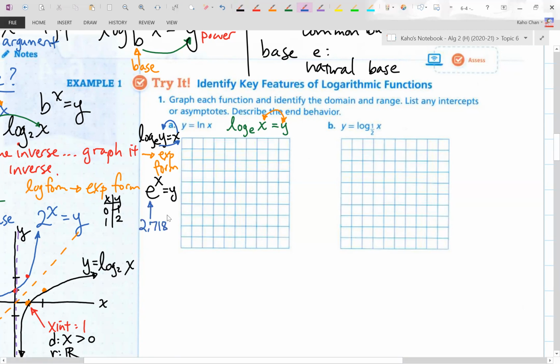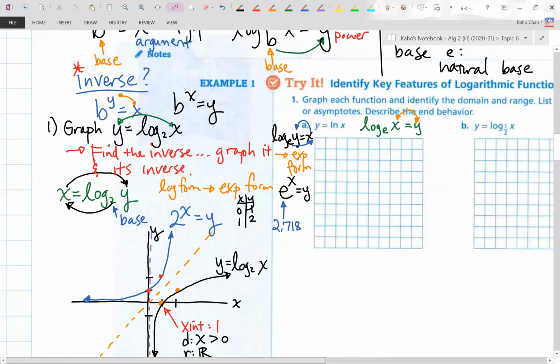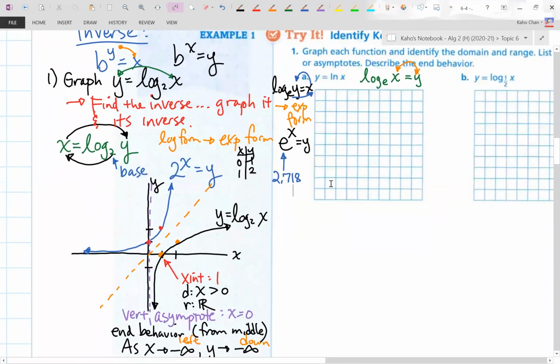Now, this shouldn't be too much of a stretch, and I'll say this. 2.718 is basically the same as kind of like 2, right? In terms of a plane taking off, you're going to get the same thing. So graph-wise, let's graph e to the x right now.